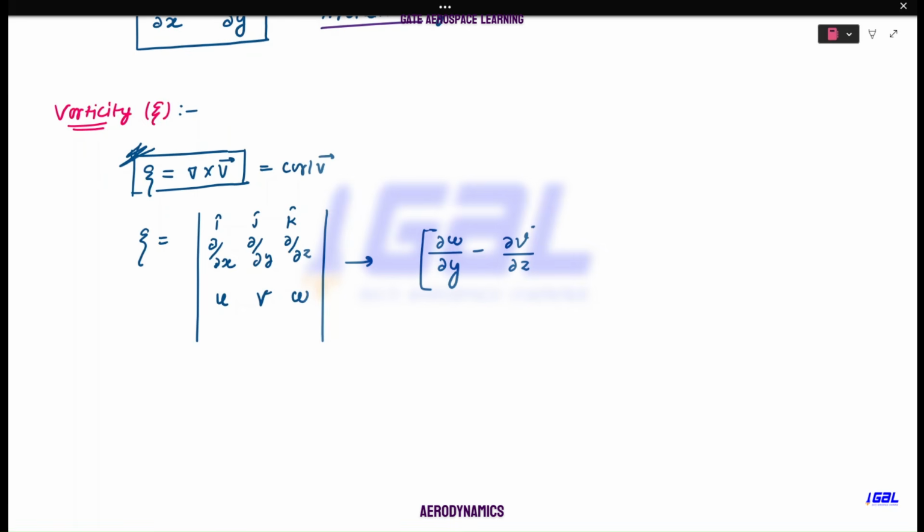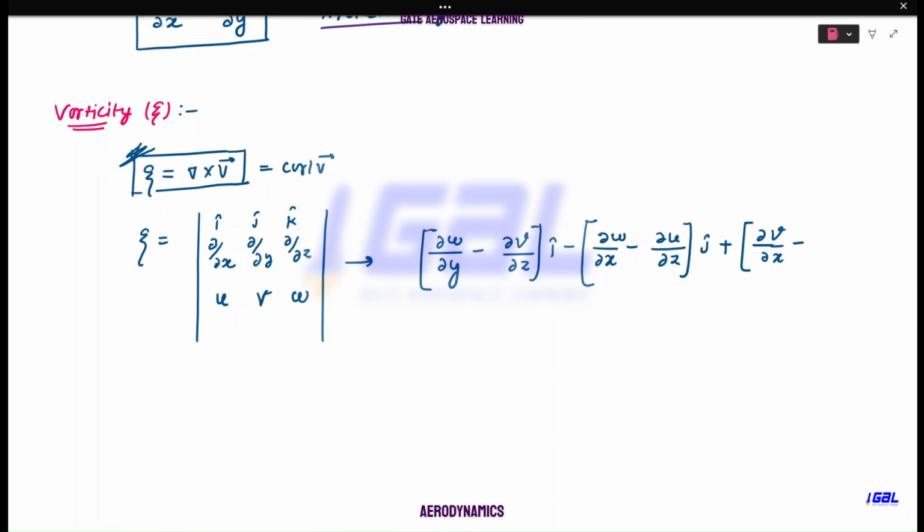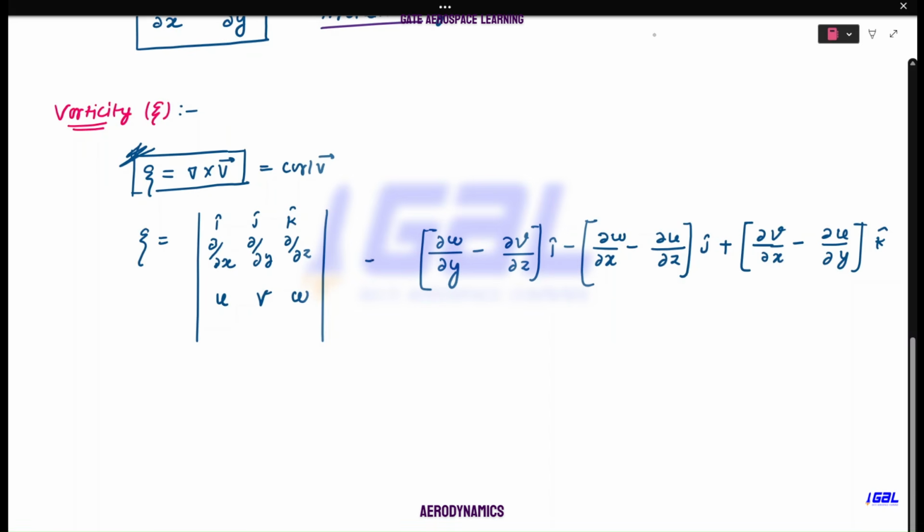Don't worry, I'll tell you which equation to learn and what to skip. Then when you write for j, you need to neglect this, with a minus sign, and you have a j cap here, with a positive sign. When you write for k, you need to neglect this one, and the derivatives are this. I hope I have written it correctly. So when you open this determinant, you'll end up getting this equation.